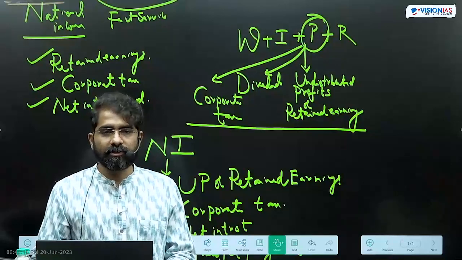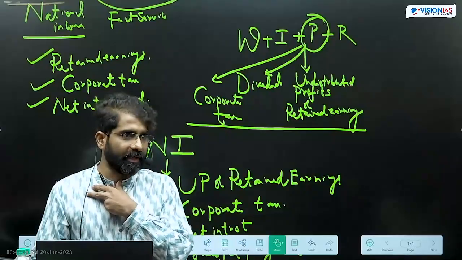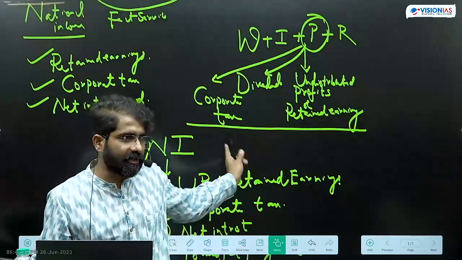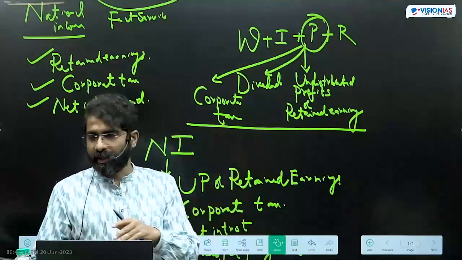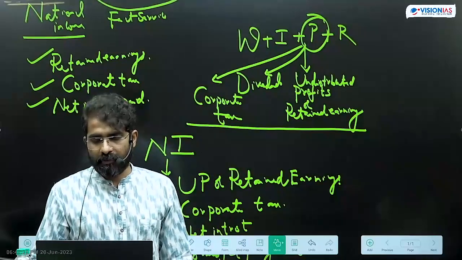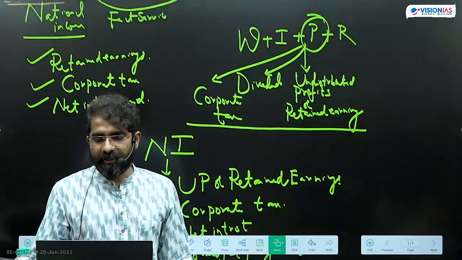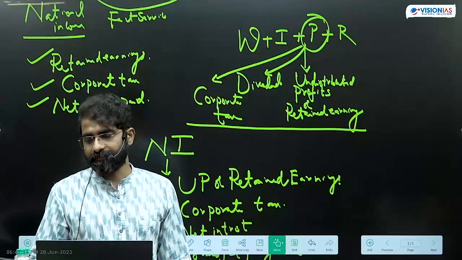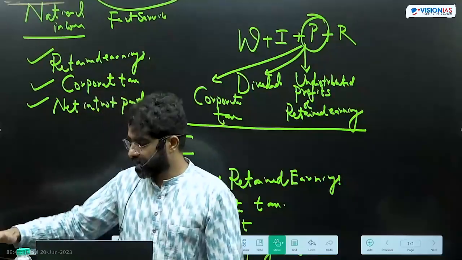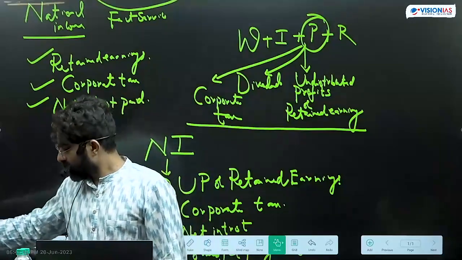I think that is clear. Okay. On the right hand side, under national income, write down: transfer payments are not included in the national income.